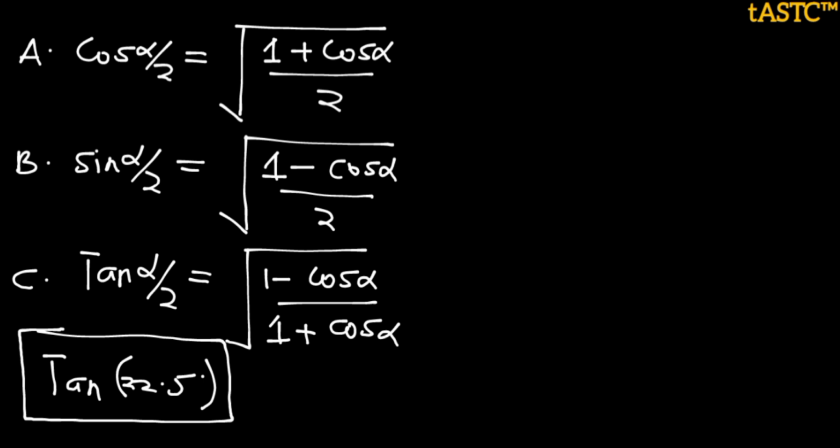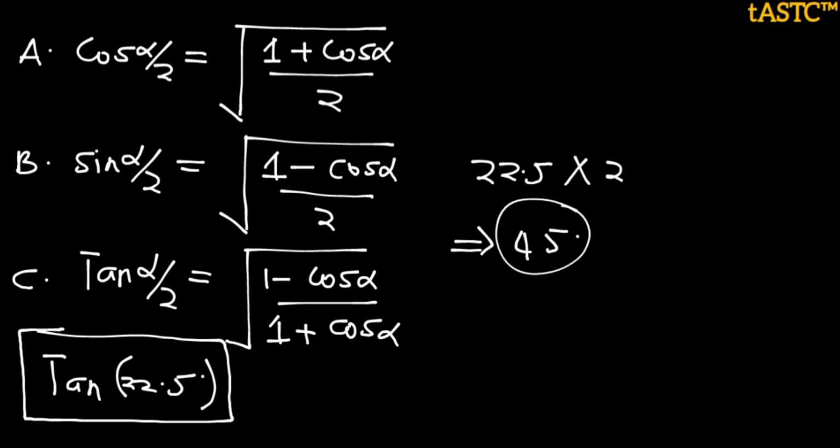Now, what we need to do is try to find out what is going to be alpha. To get the alpha, you need to multiply 22.5 by 2. So this is going to give us 45 degrees. So we know that 22.5 is the same thing as 45 divided by 2.